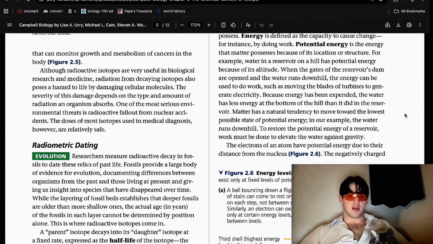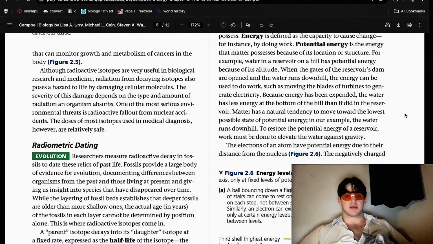Although radioactive isotopes are very useful in biological research and medicine, radiation from decaying isotopes also poses a hazard to life by damaging cellular molecules.